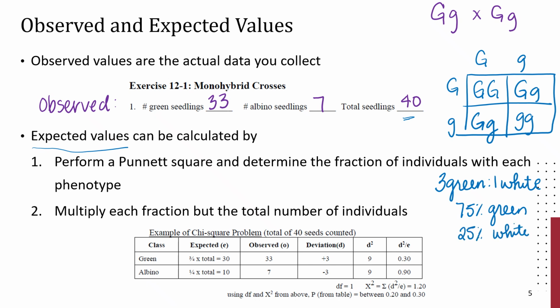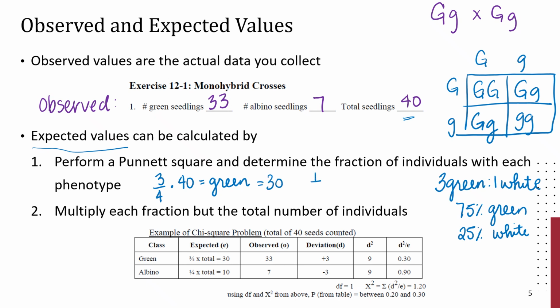So to get our expected values, we are going to multiply our 40 total seedlings by 3/4 to get our number of green. So that should be 30.